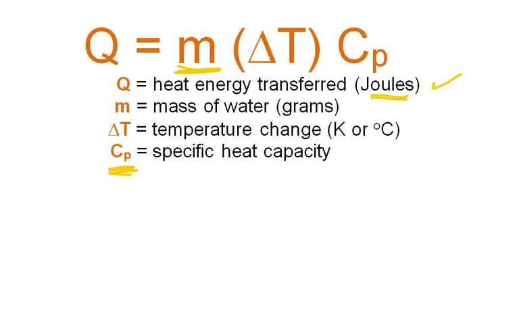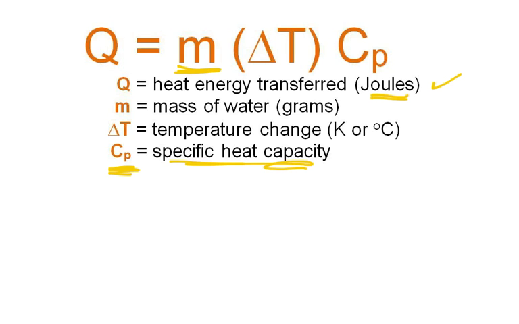The specific heat capacity is how much energy it takes for 1 gram of water. But we could also be heating up some metal, like copper, iron, or aluminum, and they would have different values of the specific heat capacity, but the same formula.